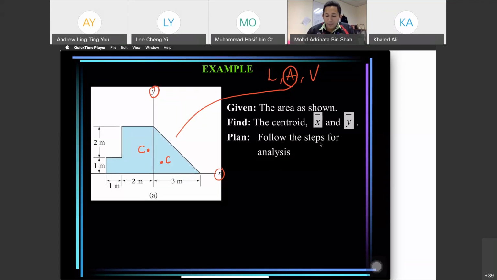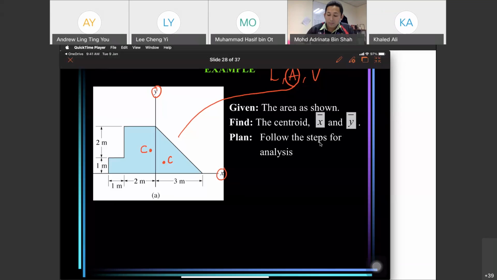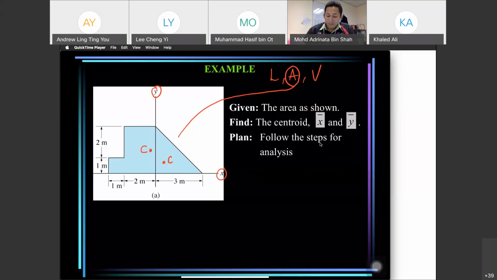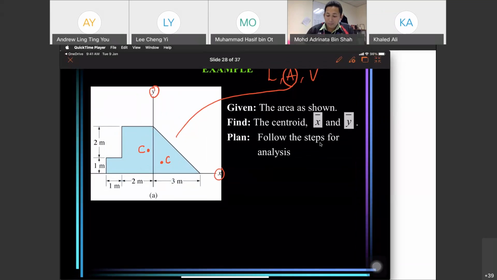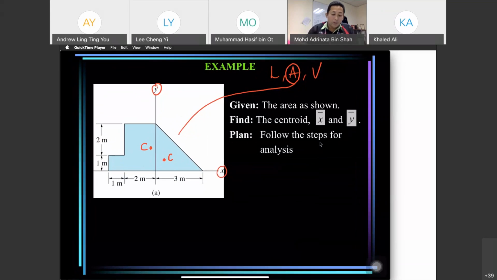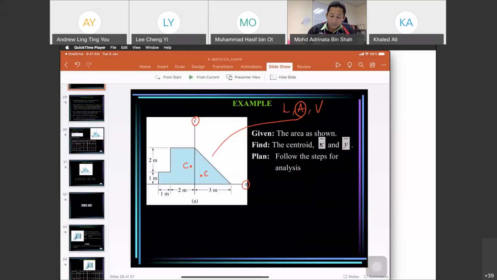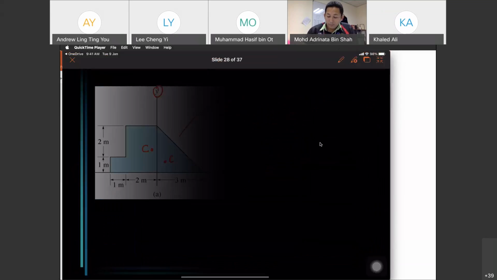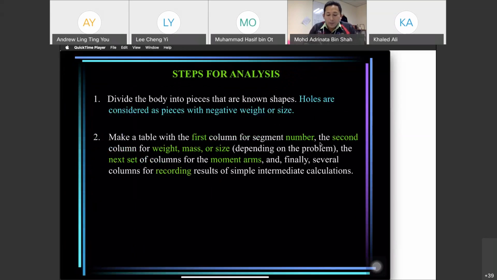Follow the steps for analysis. Divide the body into pieces that are known shapes.